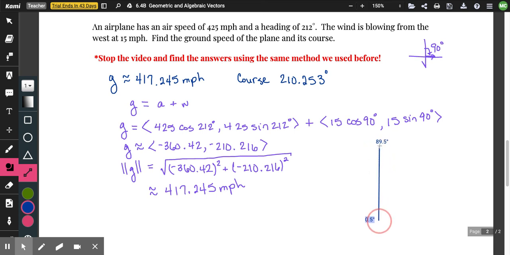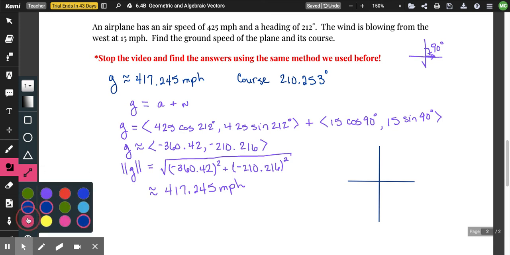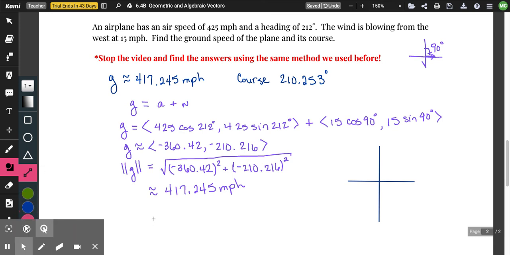I'm going to draw in a coordinate plane, and then I'm going to draw this component vector here, and I'm just going to keep it in our usual direction there, just so that we can find an angle in standard position, like we did before.